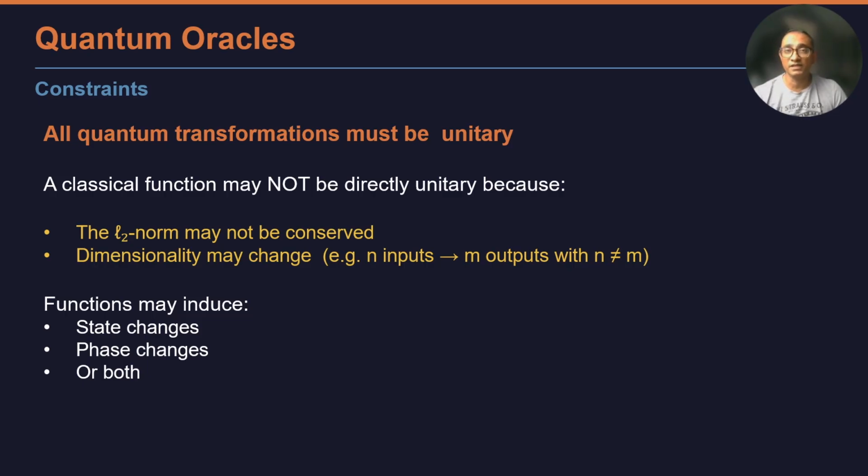But we can use this functionality to make circuits which will help implement these functions and induce a state change, a phase change without changing the amplitude, or a combination of both.